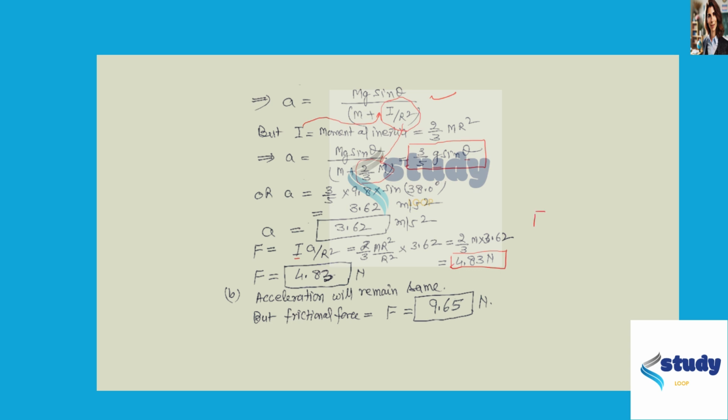Of course, once you have friction, you know that friction is μN. So μ is going to be F over N, and the normal force, if you remember from the diagram, is mg cos θ. If you put in the values, the coefficient of friction is going to be 0.31.